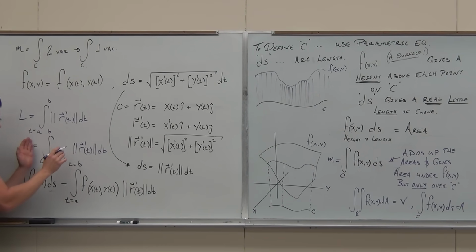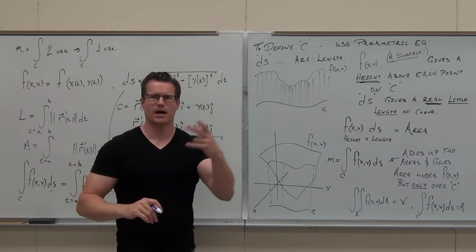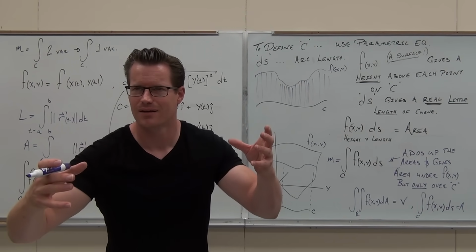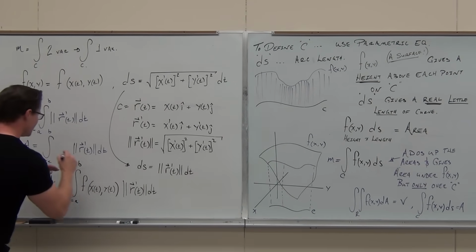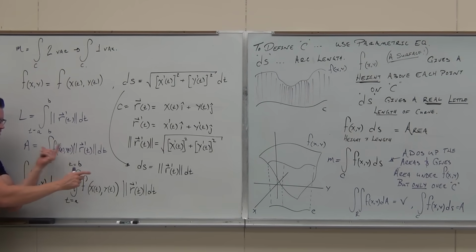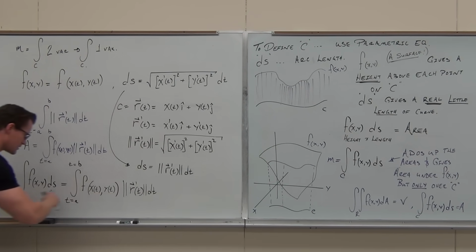This is just length. But wait a second. What's the height? What gives us height above the curve? The function. Length times height equals area, which equals mass. That's where this is coming from.